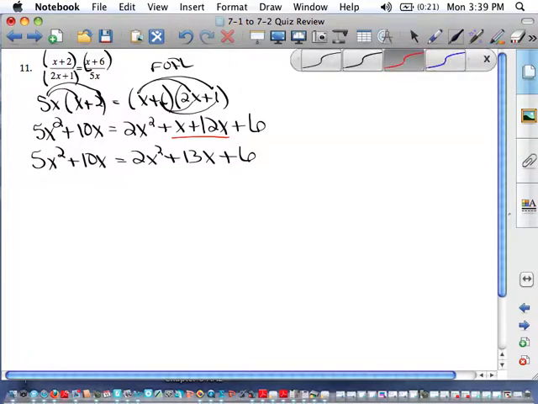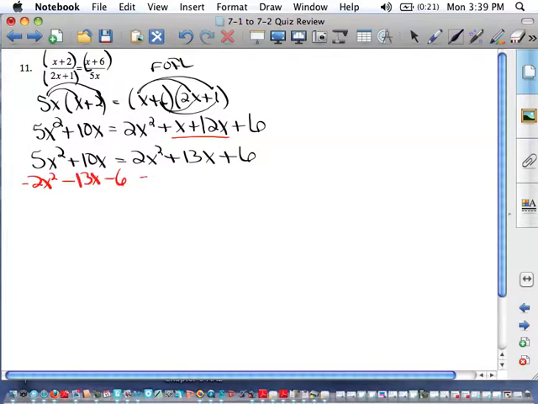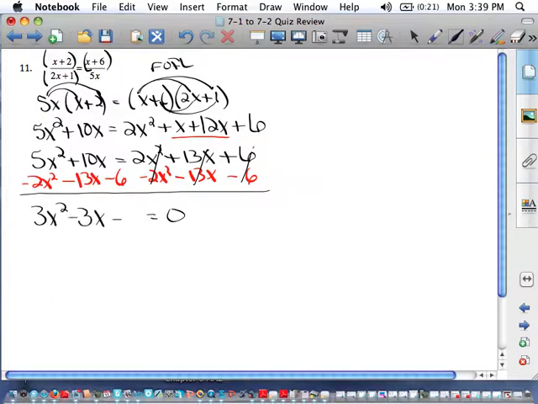So I will have minus 2x squared minus 13x minus 6 over here, and minus 2x squared minus 13x minus 6 over here. These will all cancel, and I will have a 0. On this side, I will have 3x squared minus 3x minus 6.